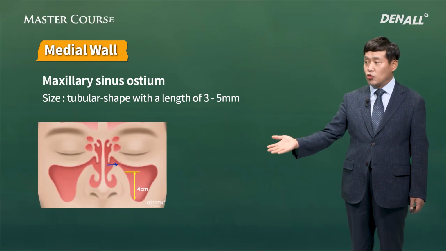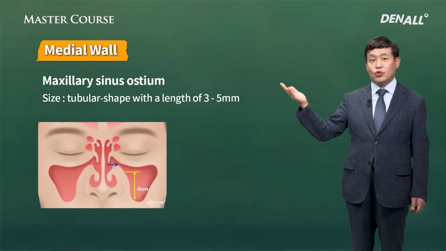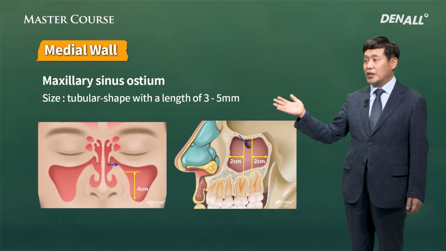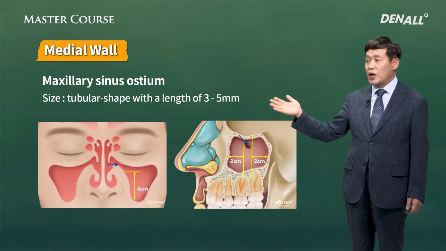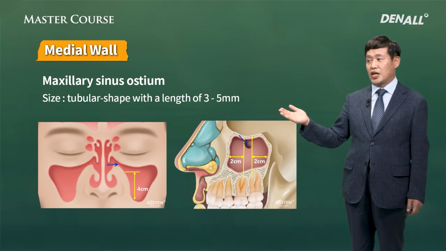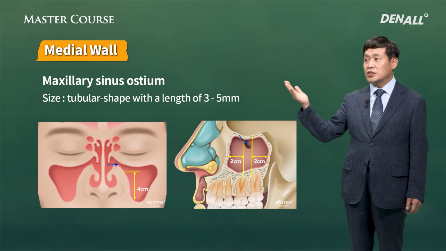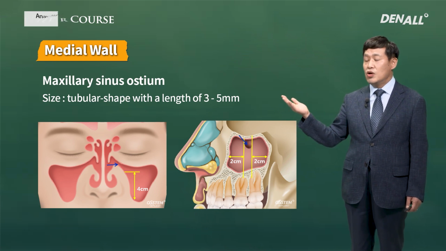From the inferior maxillary sinus, it is 4 centimeters above that, and it is in the middle of the maxillary sinus, so 2 centimeters from the front and 2 centimeters from the back. So if you want to access the maxillary ostium through the lateral approach, remember that it is pretty high up there.